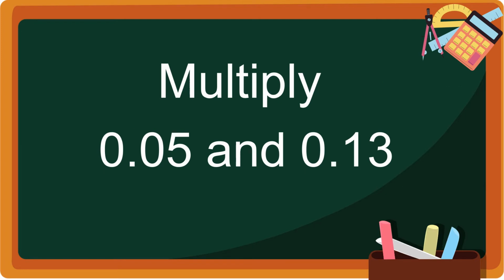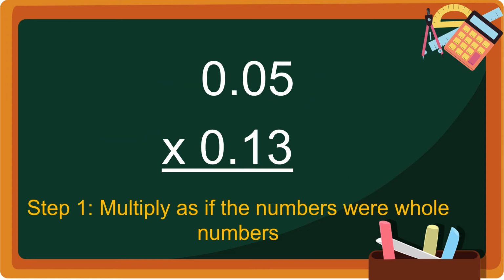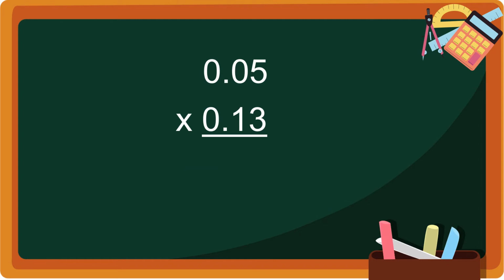Then multiply 5 hundredths and 13 hundredths. Step 1. Multiply as if the numbers were whole numbers. So let's multiply 0.05 times 0.13. So you have 3 times 5 is 15.